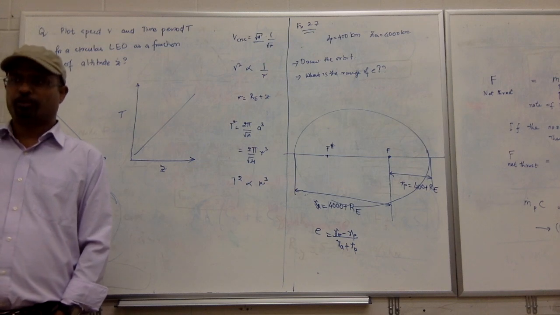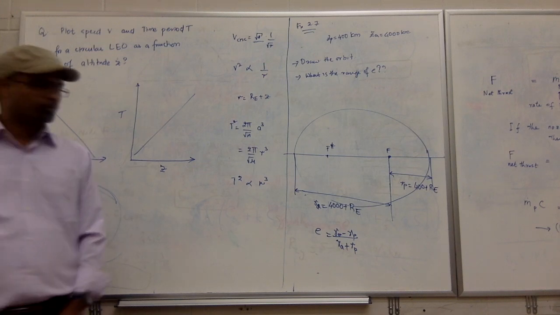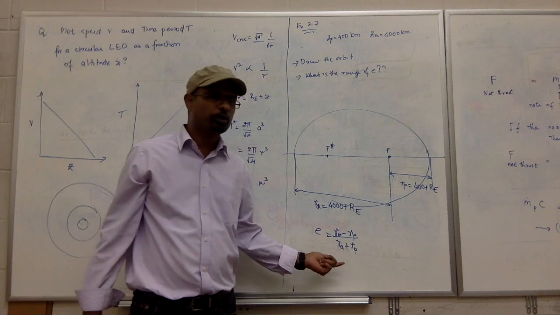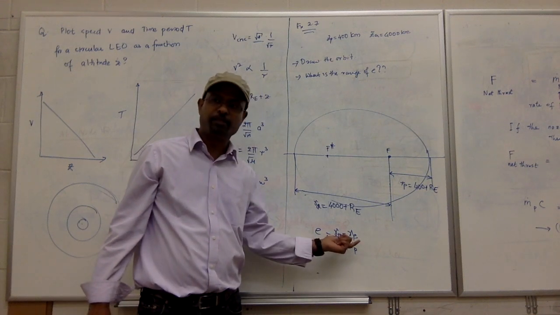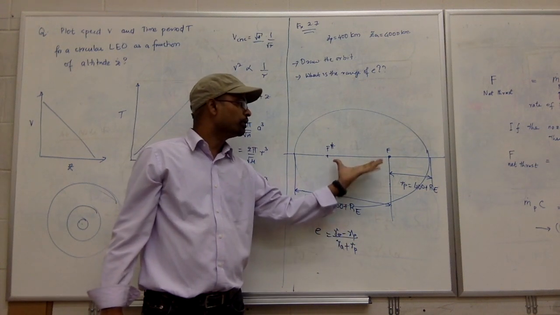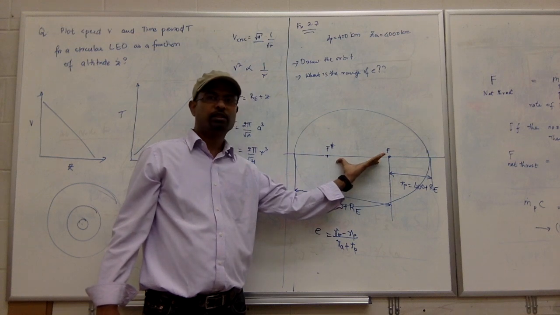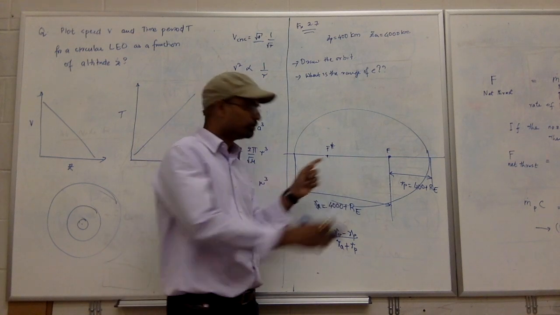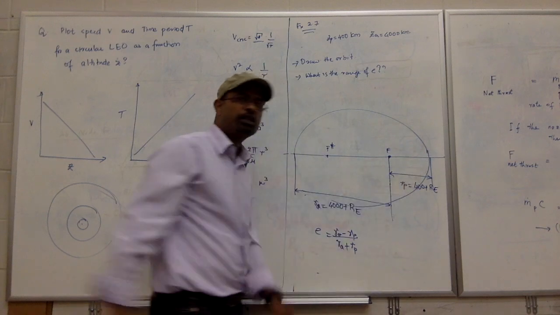It defines the shape of an orbit. But you asked me what E is, this is E: the ratio between this, divided by the major axis.